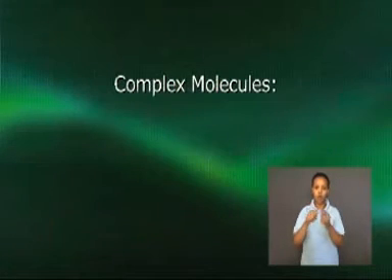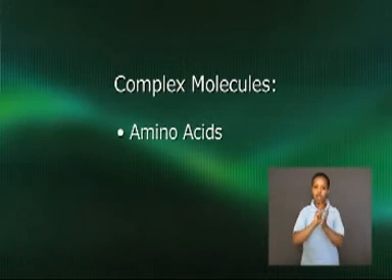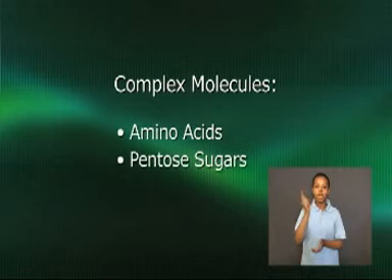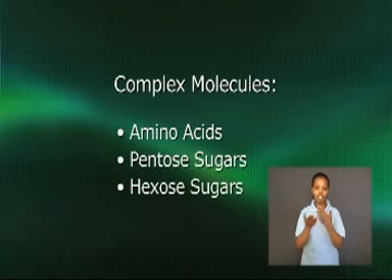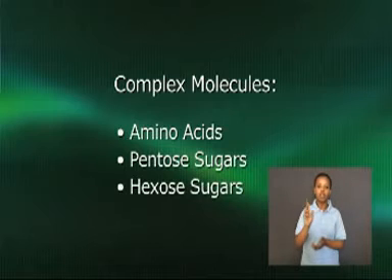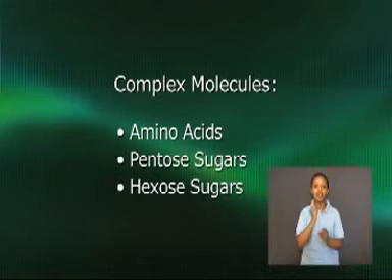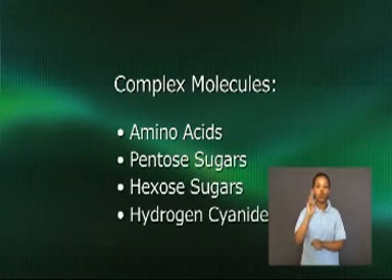Miller found that if he left the experiment untouched, the simple molecules would turn into more complex molecules, such as amino acids, which were needed to form proteins, pentose sugar, which were needed to form nucleic acids, hexose sugars, which were needed for respiration and to form starch and cellulose, and hydrogen cyanide.